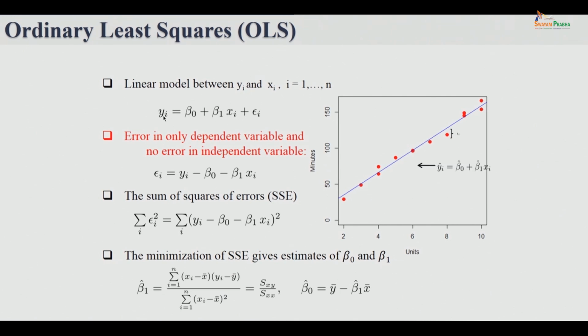Every data point, whatever be y, whether it's time or units in the previous case, which we have taken as the dependent variable, can be written in terms of the independent variable as beta naught, a constant called the intercept term, plus beta 1 times xi, where beta 1 represents what we call the slope. So beta 1 tells you how a change in xi affects the response variable y.